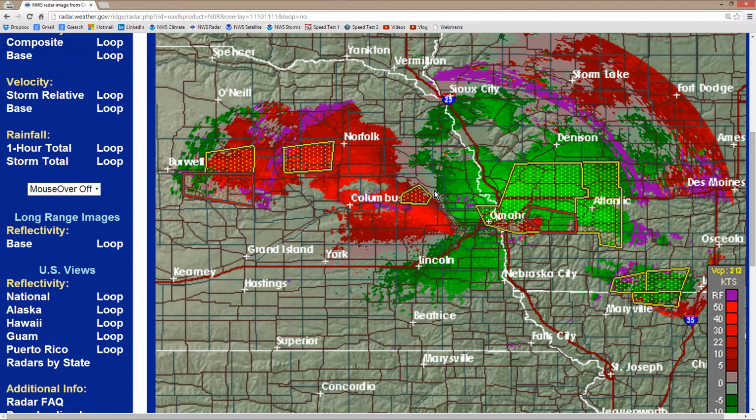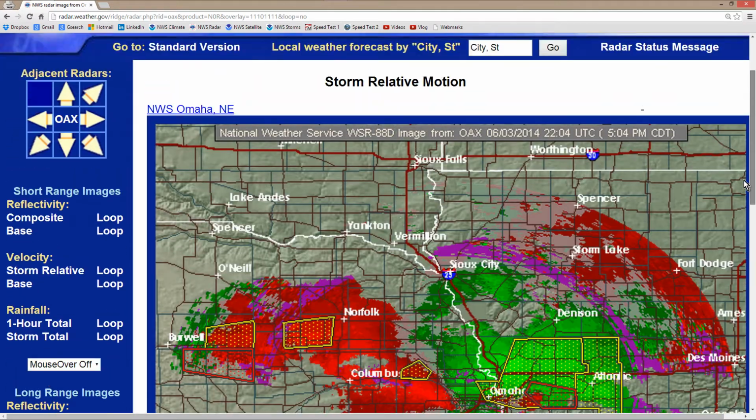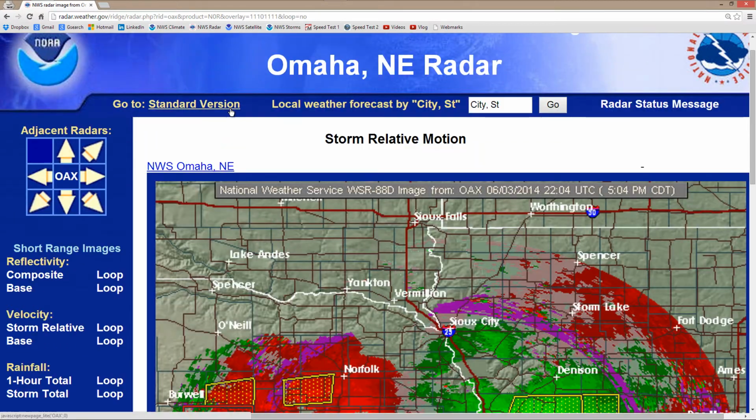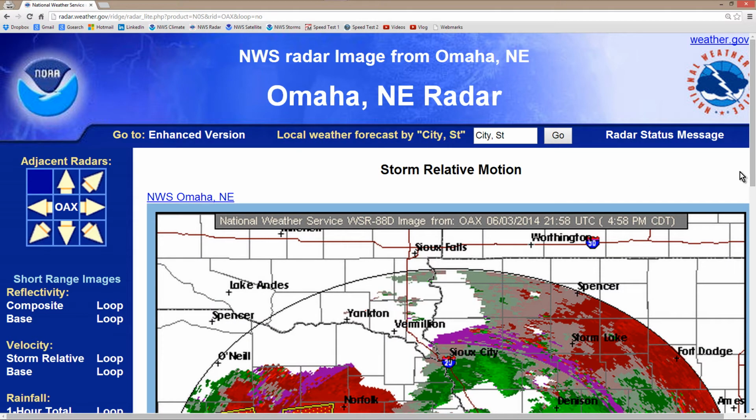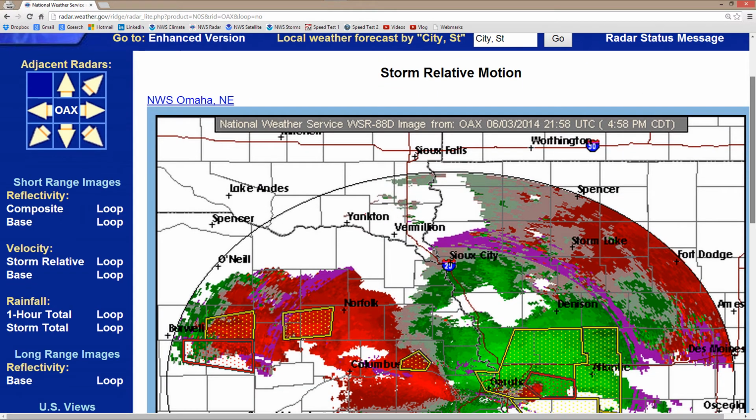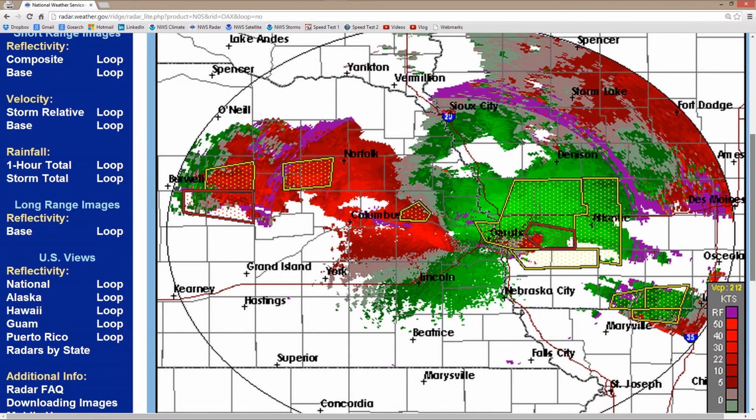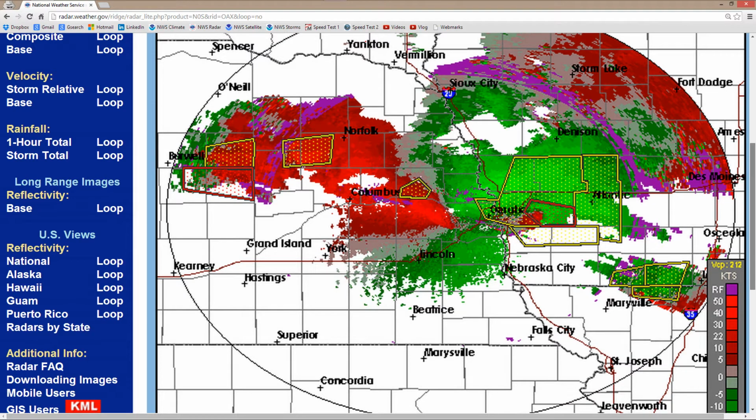Just out of curiosity, I would like to go up and see if I can get the standard version Doppler loop. Now here is the Doppler standard version. We can see pretty much the same data right there.